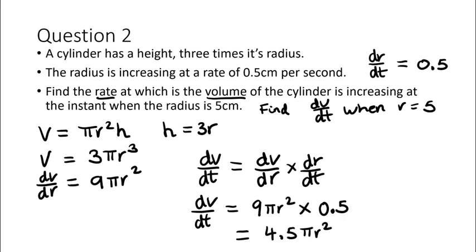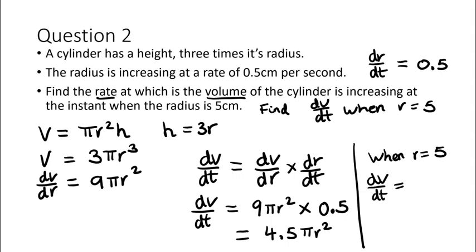So I know that dV by dt is going to be, if I simplify this, 4.5 pi r squared, but that's what it is in general. What we want to look at is what is the rate, so at the instant when the radius is 5, what is that rate going to be? So when r equals 5, we just sub in r equals 5 into that 4.5 pi r squared.